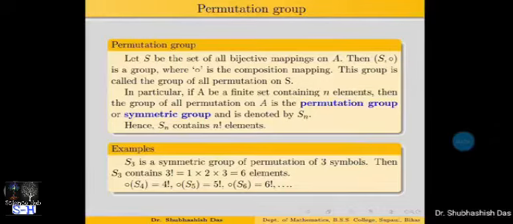This group is called the group of all permutations on A. In particular, if A is a finite set containing n elements, then the group of all permutations on A is the permutation group or symmetric group and is denoted by Sn. Hence, Sn contains n factorial elements.